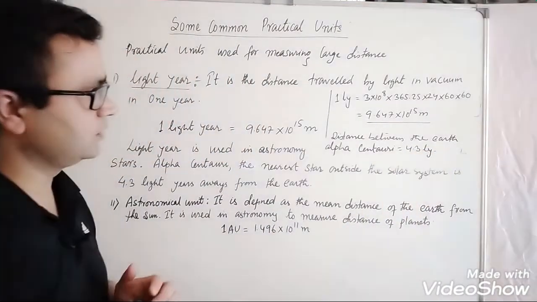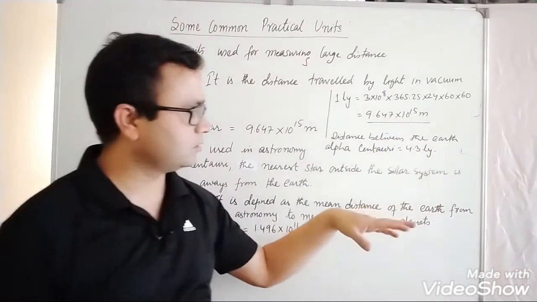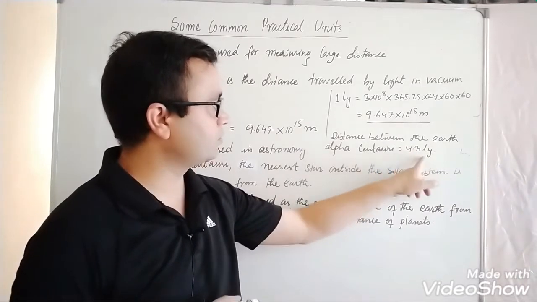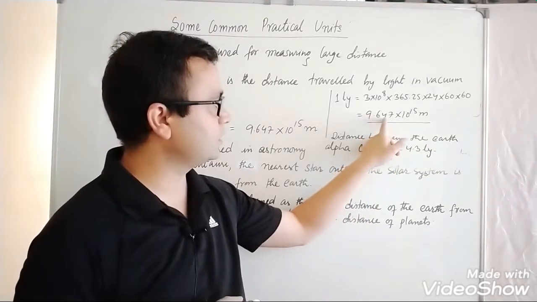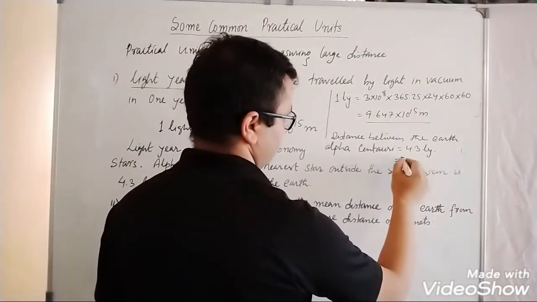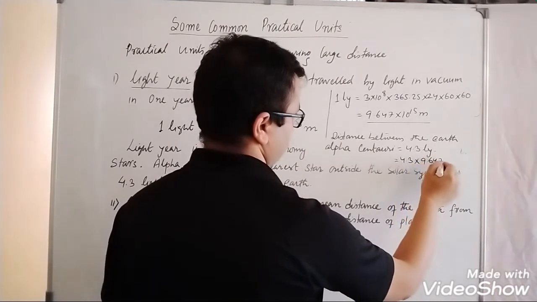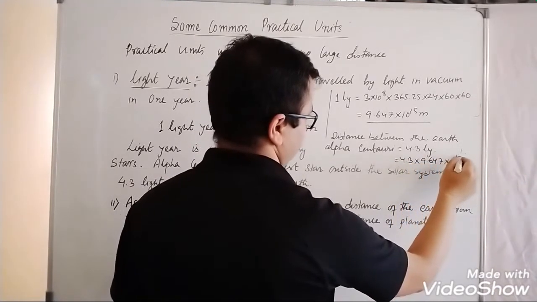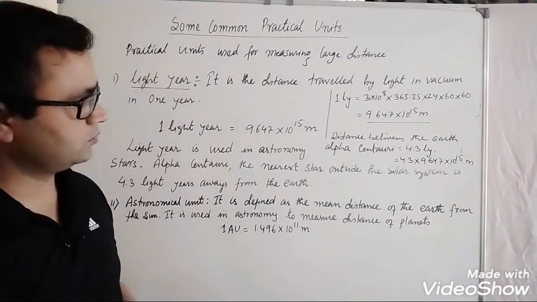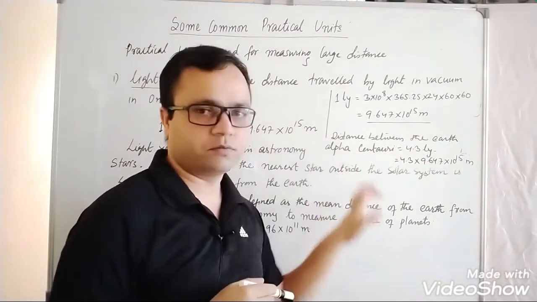So 1 light year equals to 9.647 into 10 to the power 15 meter, and we can say that 4.3 light year equals to 4.3 into 9.647 into 10 to the power 15. So this equals to how many meters? 4.3 into 9.647 into 10 to the power 15 meter. After multiplying, we will get the distance between Earth and Alpha Centauri.